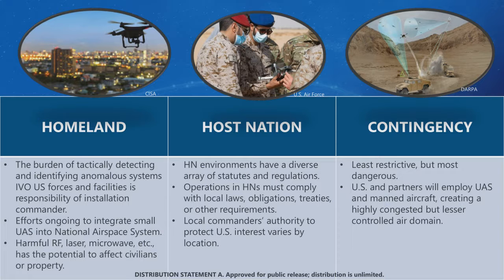And then obviously in contingency operations, it's the least restrictive, but it's also the most dangerous because there's more potential of drones being weaponized. U.S. and partners will also employ UAS, creating a very highly congested but less controlled air domain. So it is more important that those drone detection systems are on point with identifying friend or foe, and being able to detect and track them.